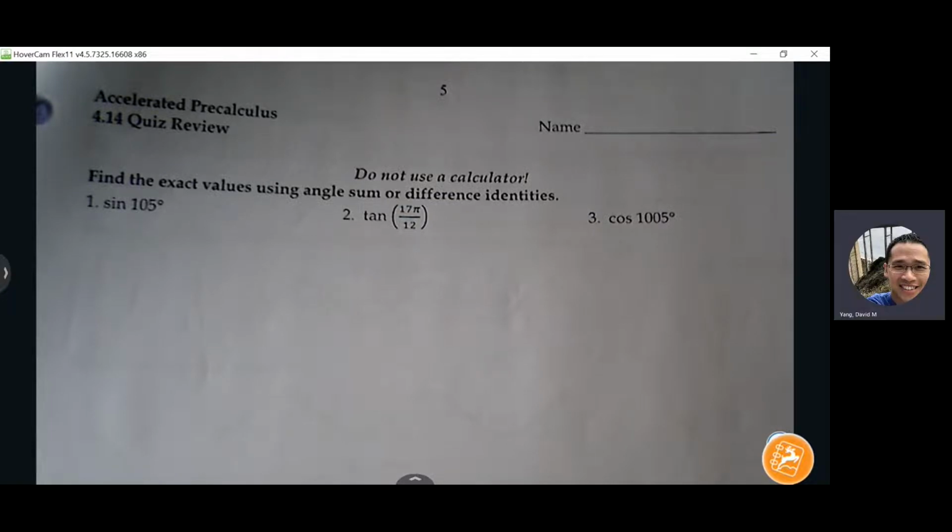But if we play with unit circle values, we can try to think of two numbers that can either add or subtract to 105, using variations of 30, 45, or 60, or multiples of those. Maybe adding was a little bit easier to do. So any ideas there? Okay, 45 and 60. So we can do that.